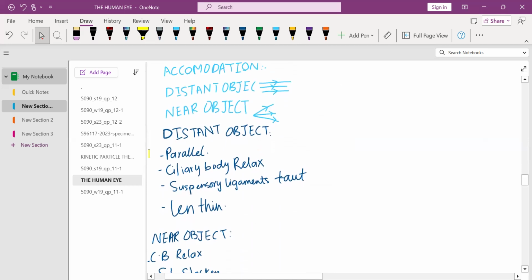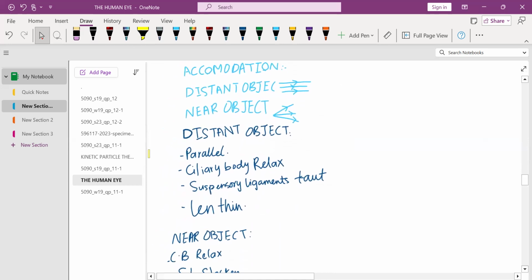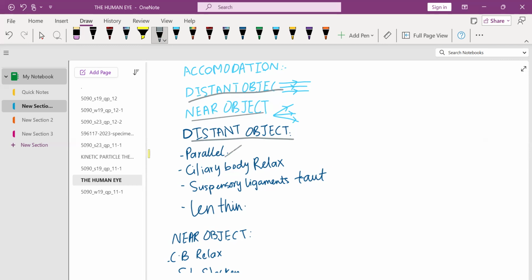Then accommodation. You also need to know what accommodation is. For a distant object, the light rays are parallel, and for a near object, they are diverging. When the object is far away from you, the light rays are parallel, the ciliary body relaxes and the suspensory ligaments are taut, and the lens becomes thin.